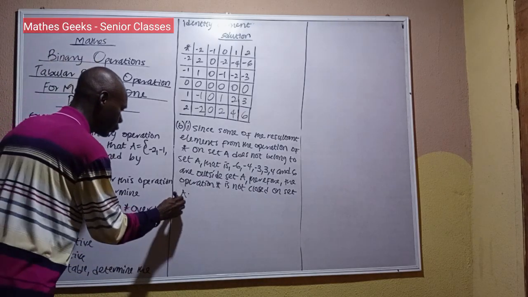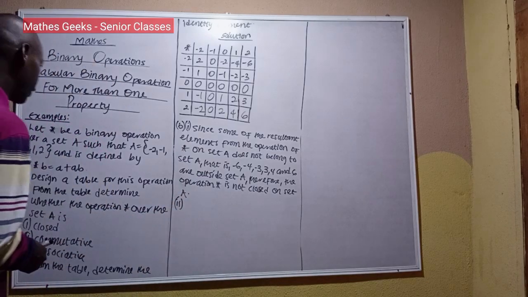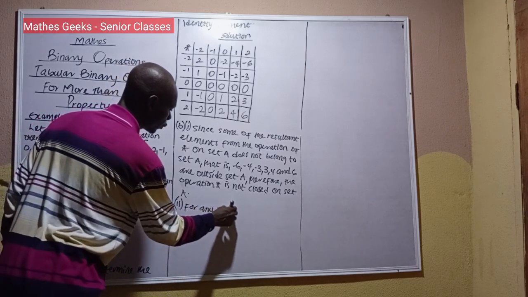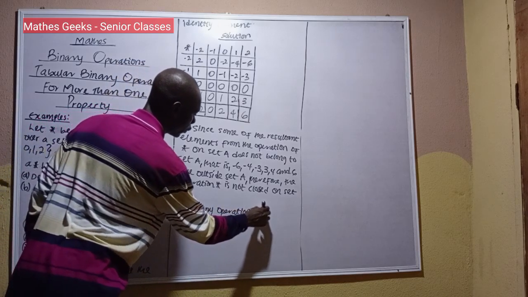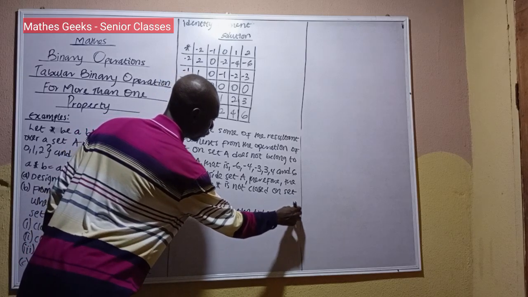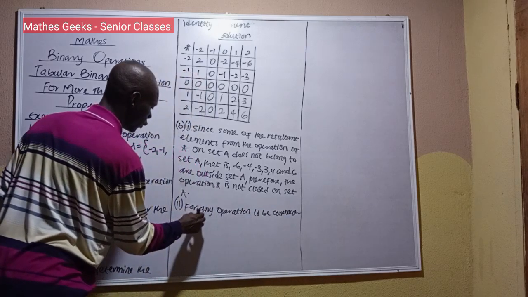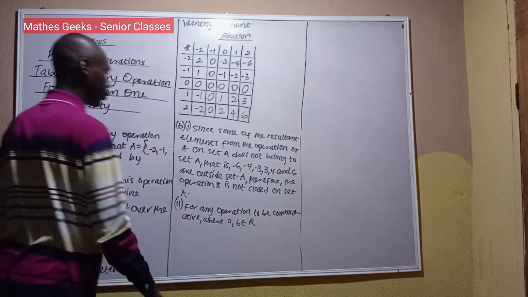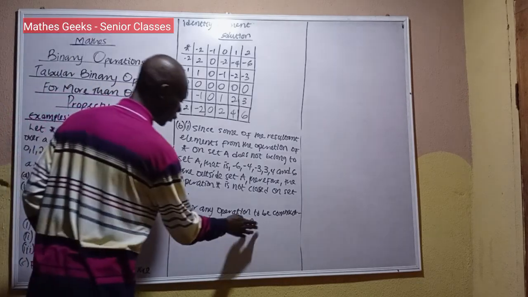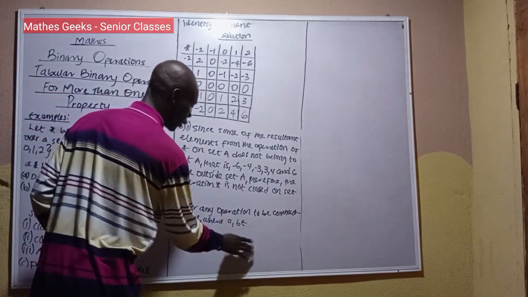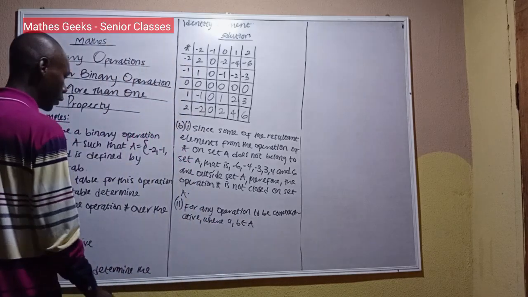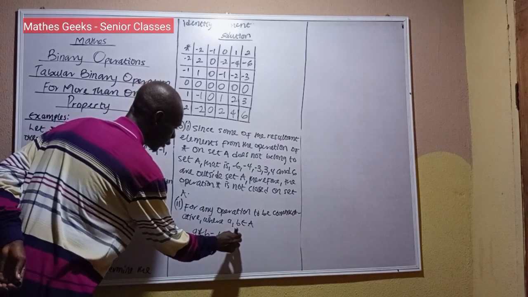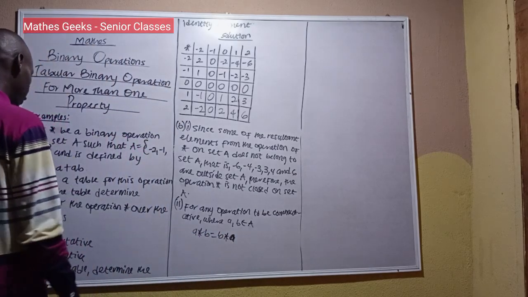So B2, commutative. For any operation to be commutative, where A and B are members of the set, we're using the set A, we say that A star B is equal to B star A. So now let's prove that.